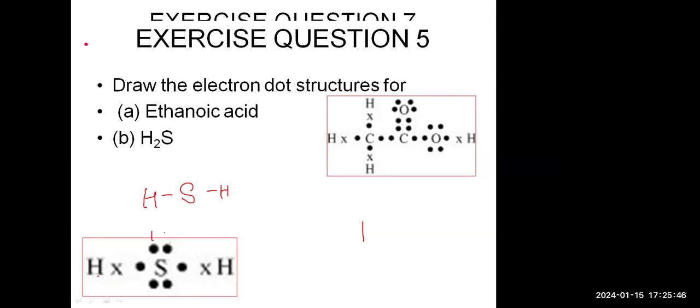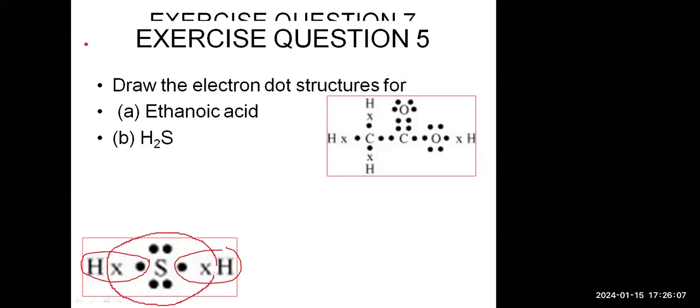You can show 1, 2, 3, 4, 5, and 6 valence electrons of sulfur and 1 valence electron of hydrogen, and show them being shared. This is hydrogen happy with 2 electrons, and sulfur has 8 electrons like this. And same for ethanoic acid also you can show.